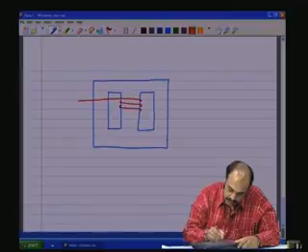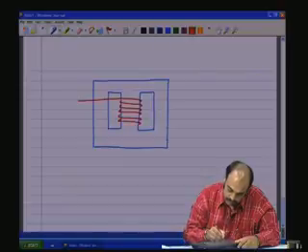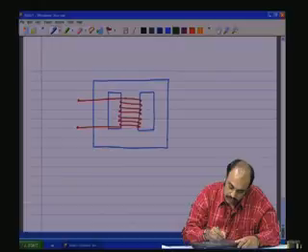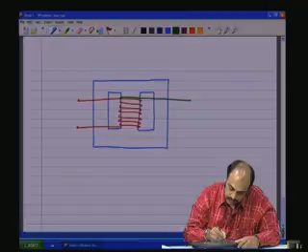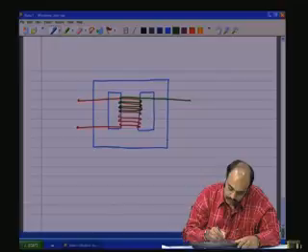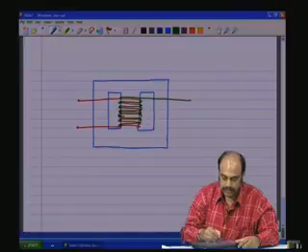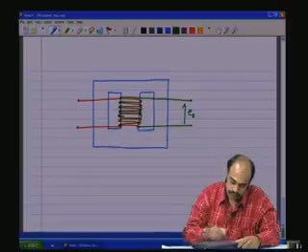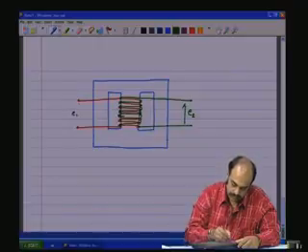So, let us say this is the primary and the secondary is also wound onto the same central limb. So, they are wound one about the other with an insulation layer in between. So, this would be the secondary. This is E2, this is E1.